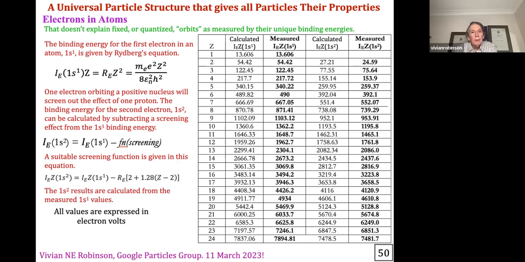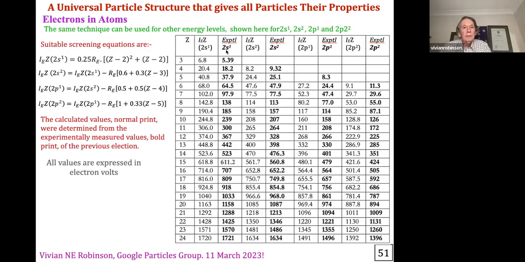Now, doing it just for one is not good, so I've done it for 2s1, 2s2, 2p1, 2p2 as well. And again, the same. Here are some suitable equations. The calculated values, which are in the normal print, are calculated from the experimentally measured values, which were the previous lot. Going through again: 190.4, 185, 618.8, 611.2, 1571, 1570.